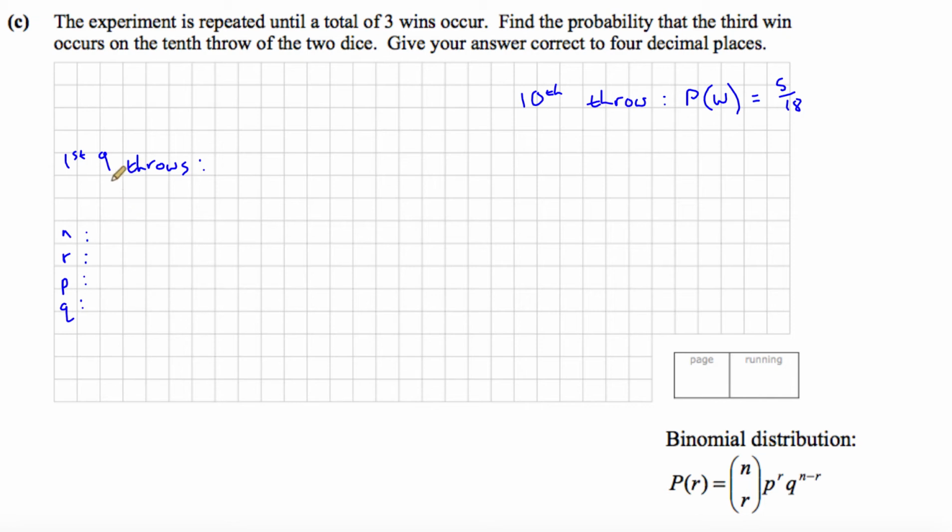So for the first 9 throws, the number of trials n will be 9. The number of successes, r, is going to be 2, because we're wondering what's the probability of getting 2 wins. So we're going to define win as a success.